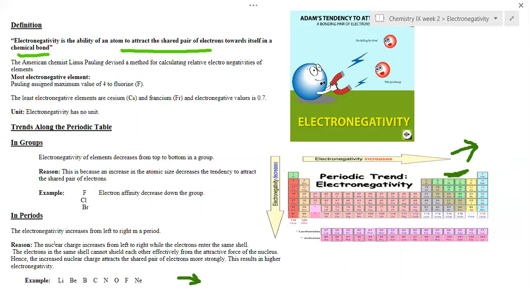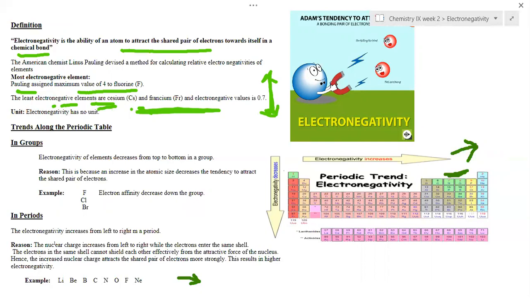Pauling was a scientist who devised a way to measure the relative electronegativity of elements, and he said that fluorine is the most electronegative element, and the least are cesium and francium. This is important from the MCQ point of view. So please remember these.